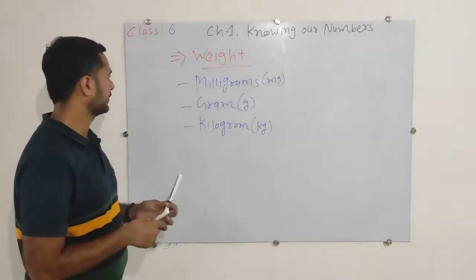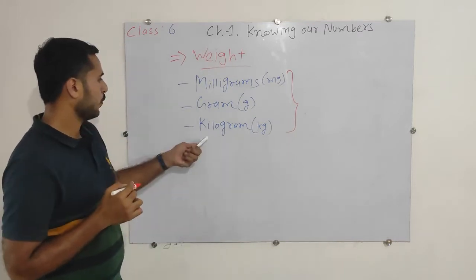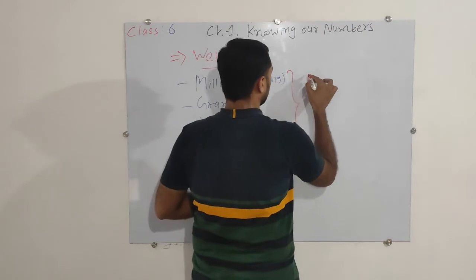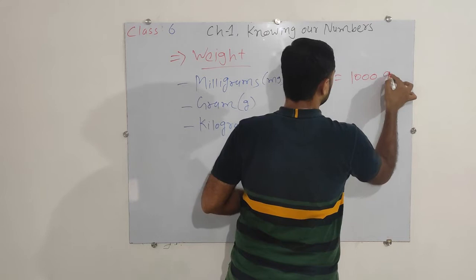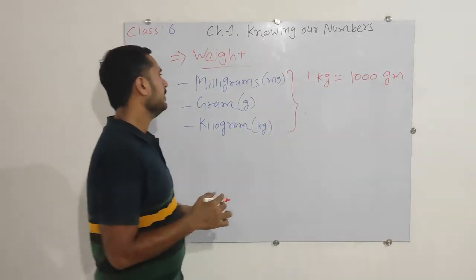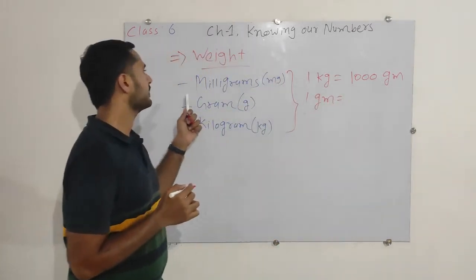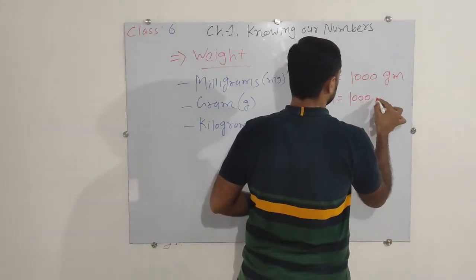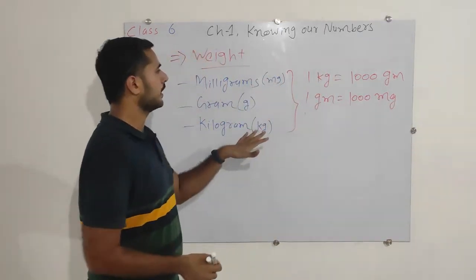Now let's see the relations. I'm just going in the reverse order: 1 kg is equal to 1000 gram, and 1 gram is equal to 1000 milligrams. Clear? So this is all about the units for weight.